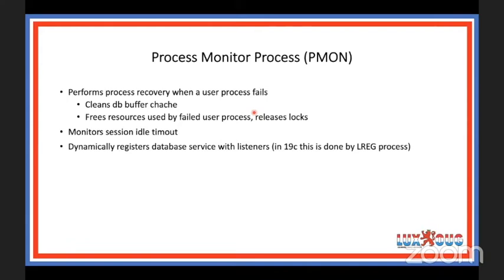If it changed something, then the buffer cache is also not clean and contains changes done by this user, but maybe these changes are not even committed and not ended successfully. And it may also have some locks.